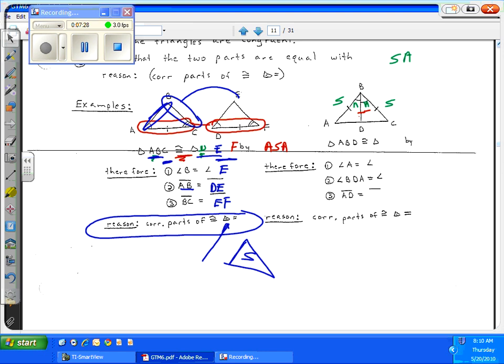So we look for anything else we can conclude, and we know that DB of the triangle on the left is equal to itself, DB of the triangle on the right, by the reflexive property. So that gives us another side equals side, and so it finishes up with side angle side. We have two sides and the included angle equal to two sides and the included angle, so these are congruent by side angle side.